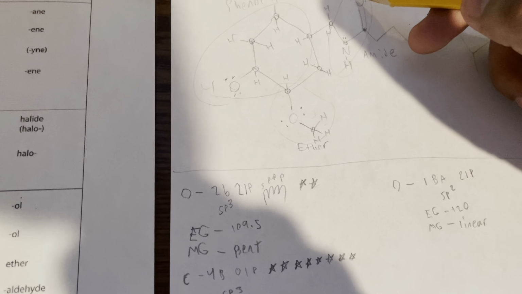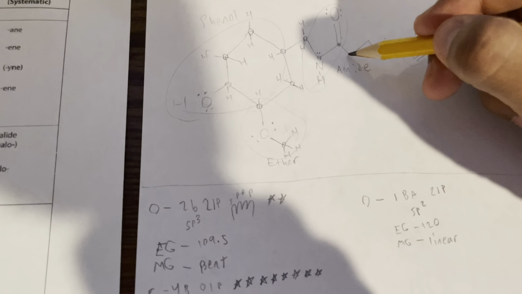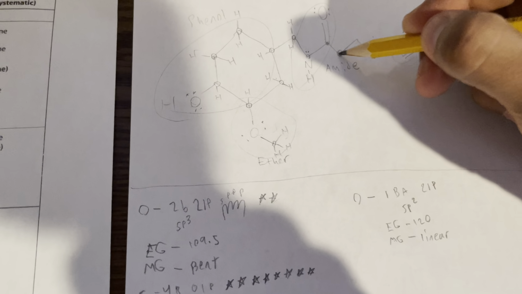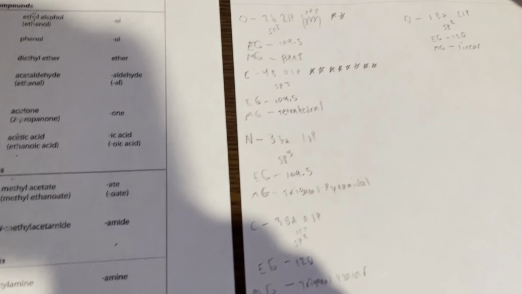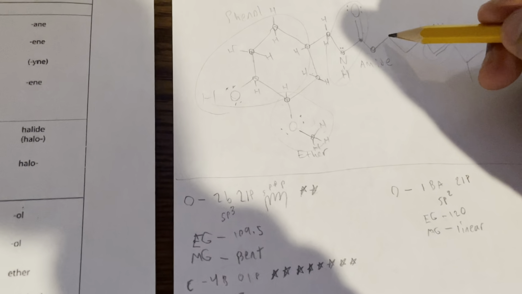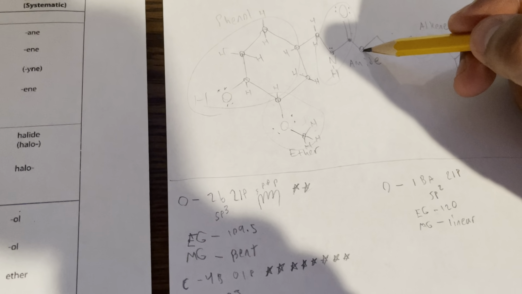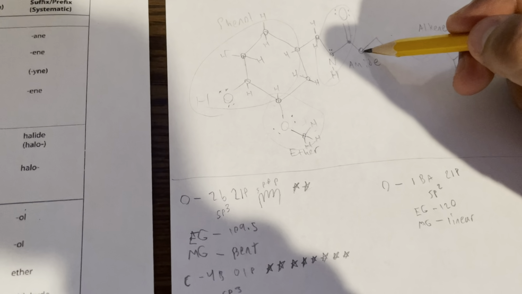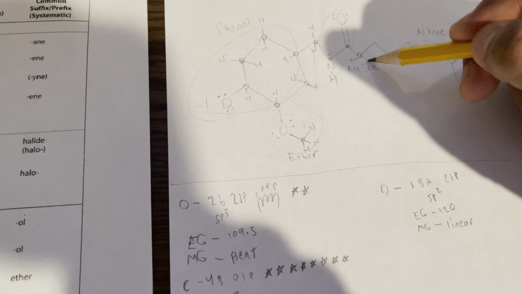And now we move on from this oxygen to this next carbon over here. This one is bonded to 2 atoms over here, and since it wants to have 4 bonds, we're going to add 2 hydrogen bonds.